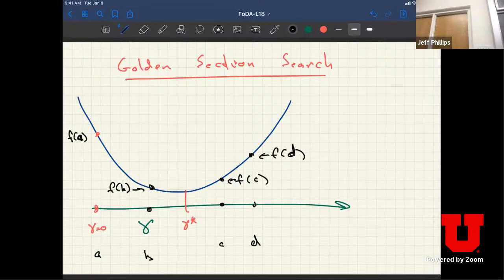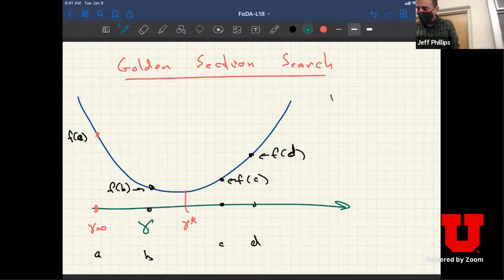If f of B is less than f of C, then the minimum must lie between A and C. But if B is larger than C, then the minimum must lie in here. This is assuming the function is convex. This works, but people use it otherwise.